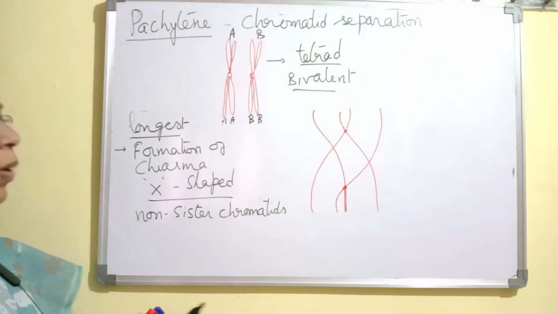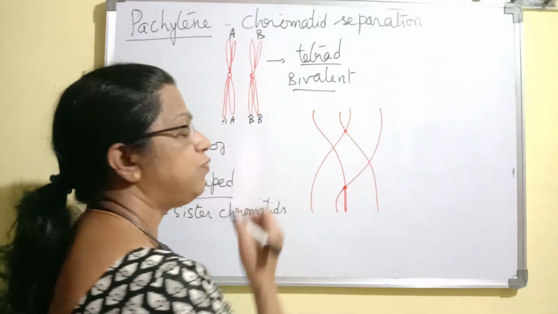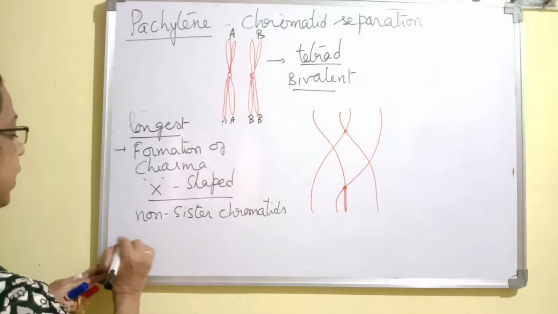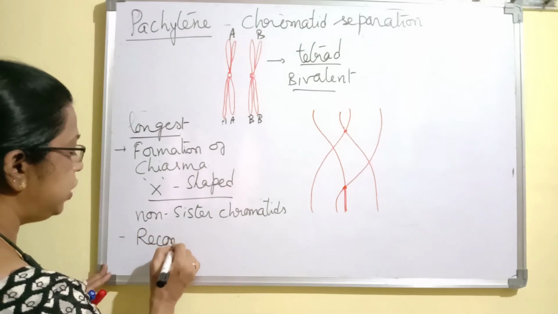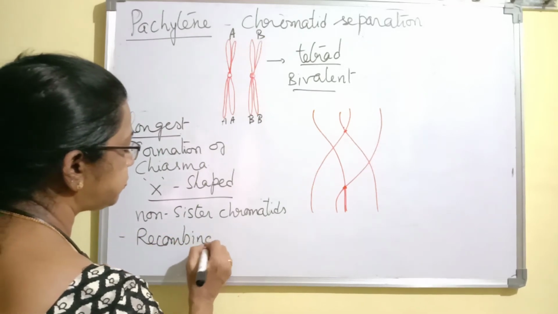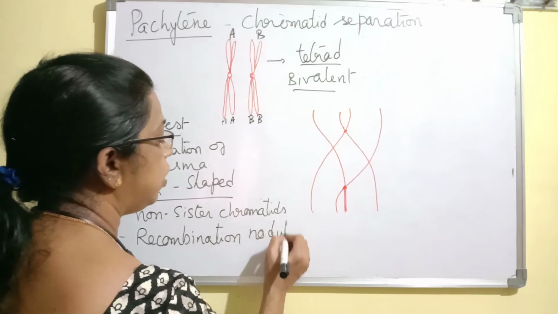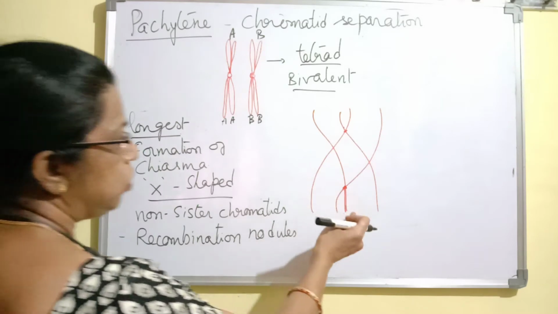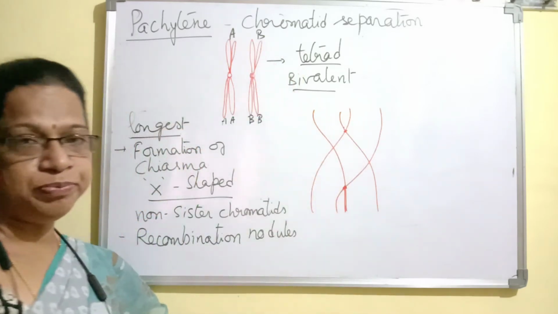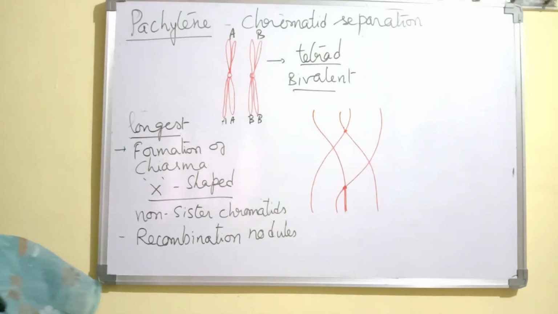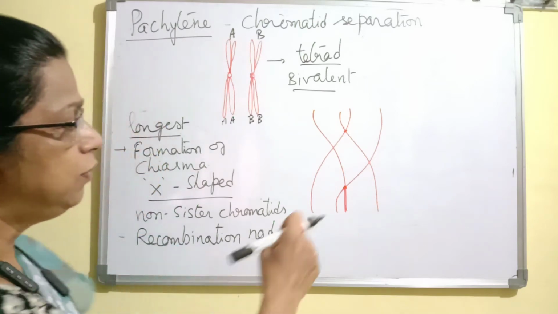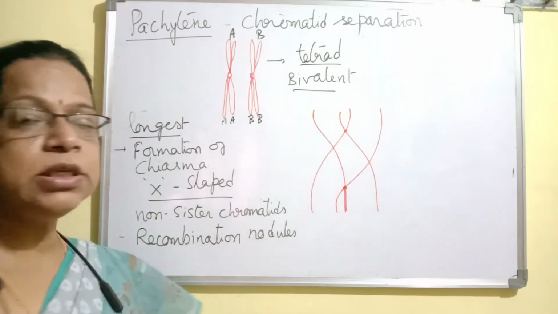The points where these X-shaped structures are formed are called recombination nodules. Recombination nodules are present all over the length of the chromosome, and wherever they are formed, we find these X-shaped structures or chiasma.